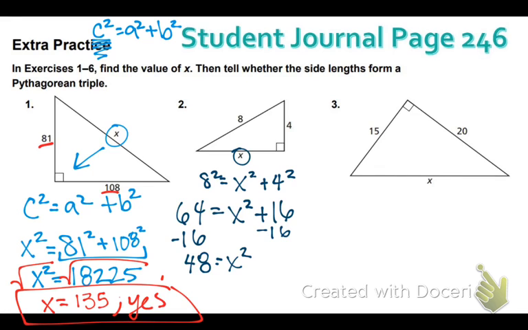All right, to finish the problem, we're going to take the square root of both sides. What do you get in your calculator when you do that? 4 square root of 3.